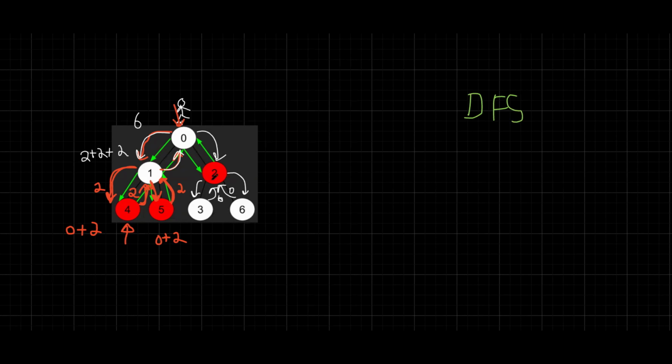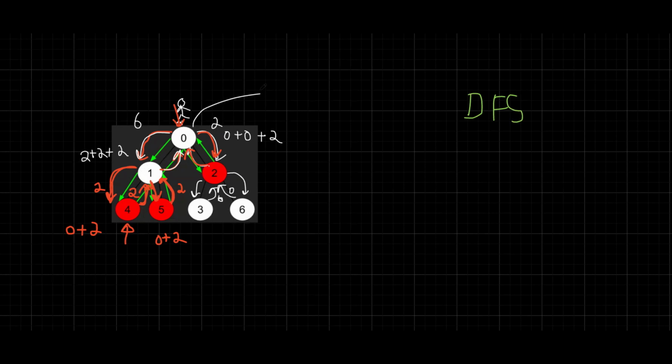But for node 2, as it has an apple, it will return the value from its left subtree, which is 0, plus the value from its right subtree, which is 0, plus an additional 2. The additional 2 is the time needed to go from 0 to 2 and 2 to 0. So here it will return the value 2.